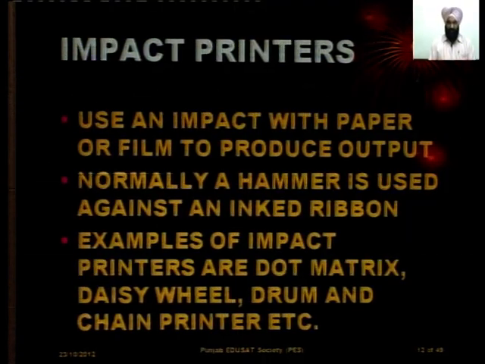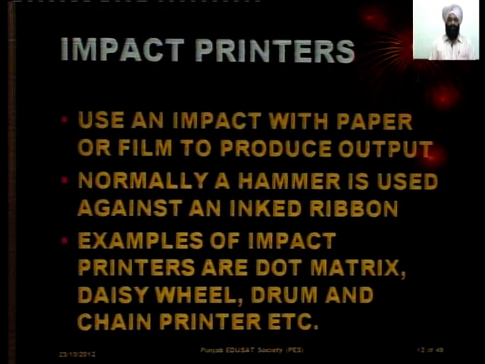For this impact or this pressure, normally a hammer is used against an inked ribbon. A ribbon which contains some ink, which is in the form of paper ribbon or cloth ribbon.